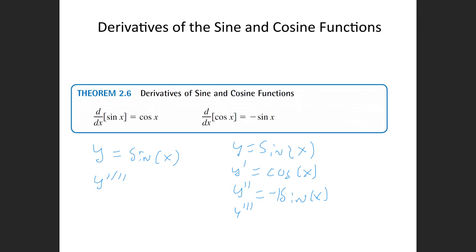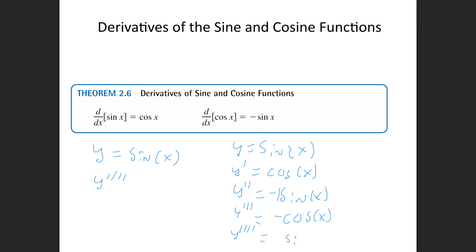Well, I got sine of x, cosine of x, negative sine of x. What do you think this is going to be down here? Well, it's going to be negative cosine of x. Yep. So what is y, the fourth derivative? Well, we know the derivative of negative cosine of x is sine of x. So what's the derivative of that?